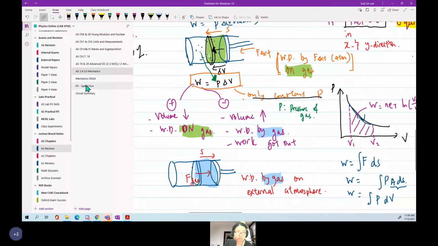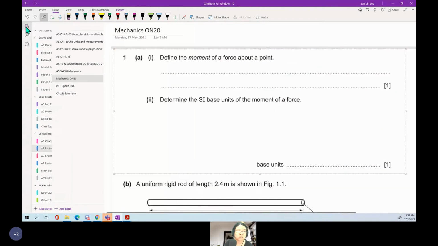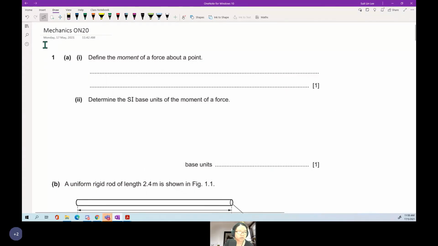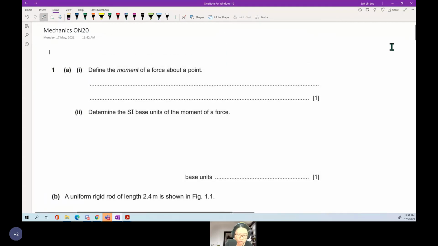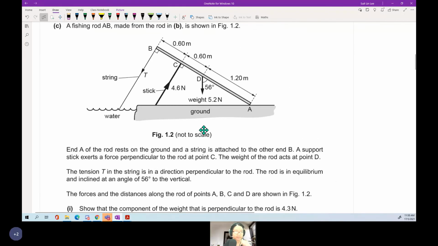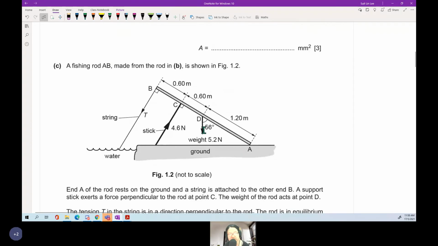For example, we will do some questions. Then maybe I'll provide some suggested ones for you to go and try. Then you call it a day. So it's ON20 paper 21. For example, if I look at this, my entire system is the fishing rod. It's very obvious what the system is. It cannot be the water, right? Why do I care about the water? It cannot be the fish. I don't care about the fish.